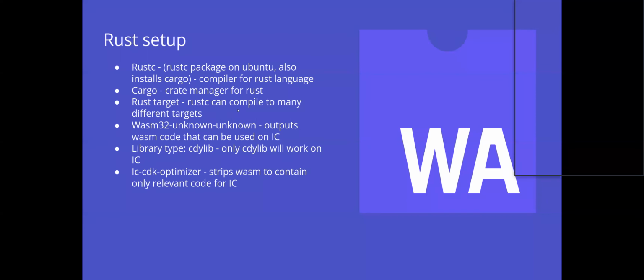Our Rust code, we need to treat it with the IC CDK optimizer, because a cdylib contains some common code, and it makes it quite big. So the smallest cdylib that can be created is 2.2 megabytes, and it's already too big for the IC. So we are using the optimizer to strip the unused code.